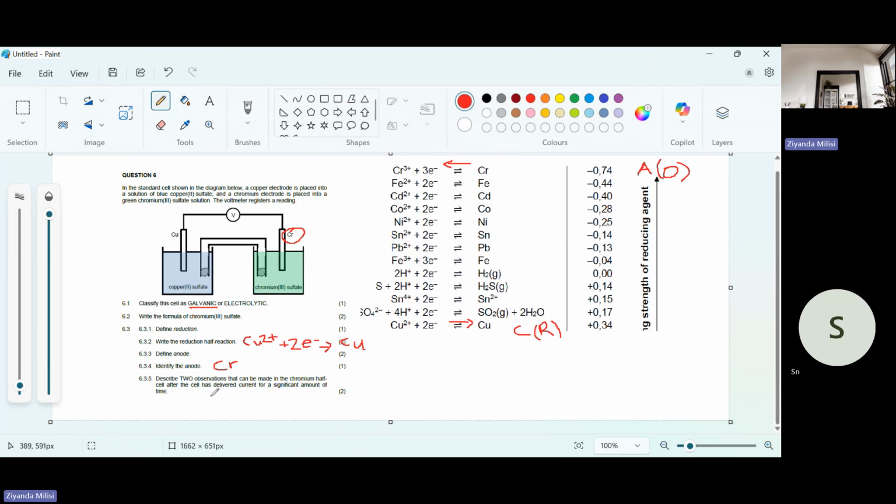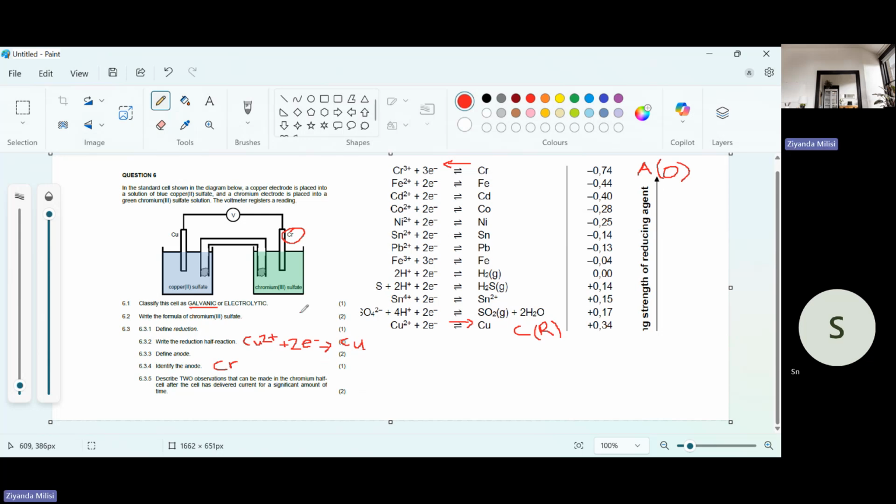6.3.5. Describe 2 observations that can be made in the chromium half cell after the cell has delivered current for a significant amount of time.